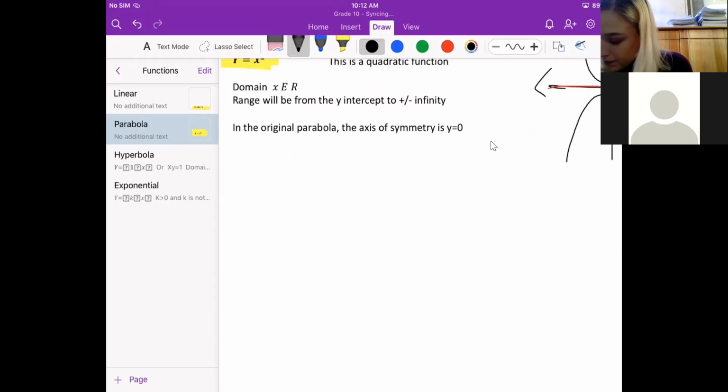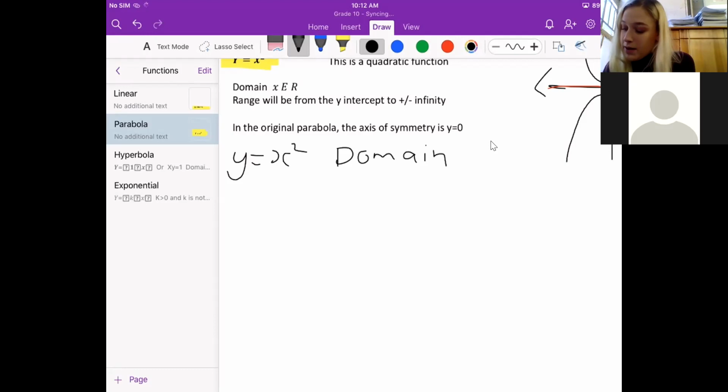So if y is equal to x squared, our range is going to be from y equals 0, and in this parabola, our y actually does touch 0. So it goes from 0 up until infinity, but we can't include infinity.